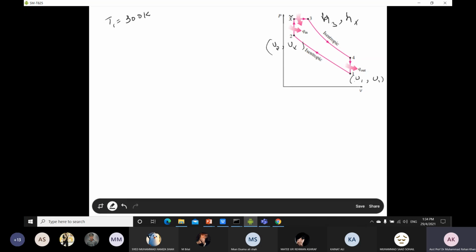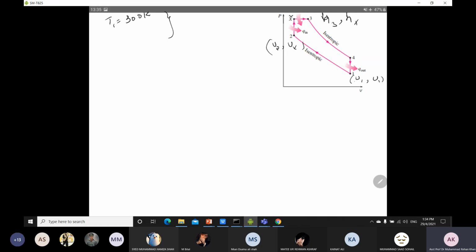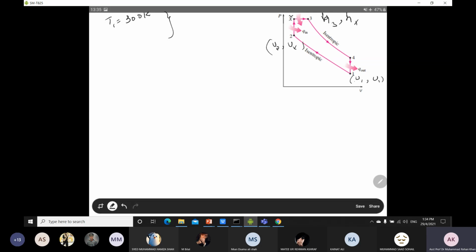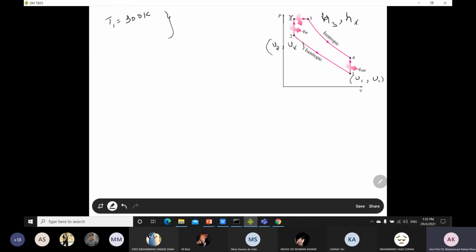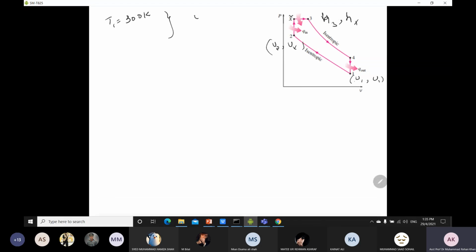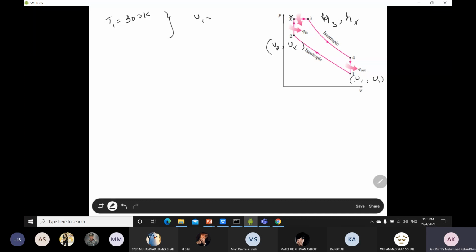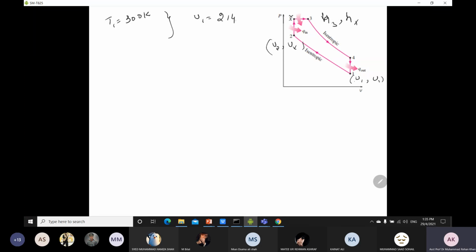For point number 1 we can go to table A17. I am not going to the table, you have to do it yourself, I will just mark the value. The value U1 associated with 300 Kelvin is 214.07 kilojoule per kg from table A17.